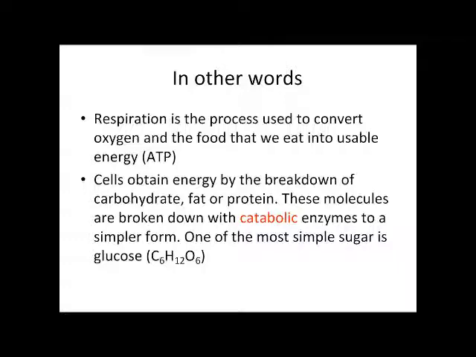Now what these catabolic enzymes do is that they break down, they pull apart these Lego blocks, they pull apart these glucose, so I have these simple units to work with, and these simple units are glucose.